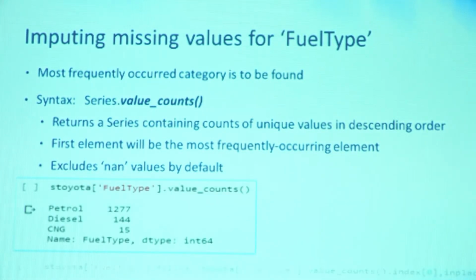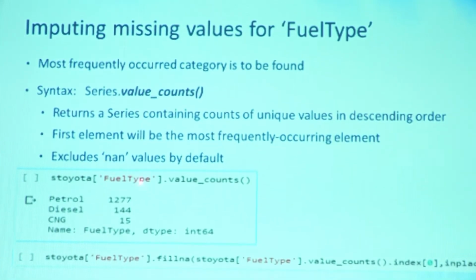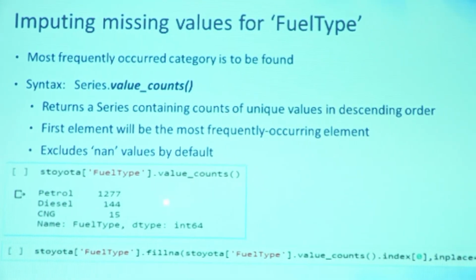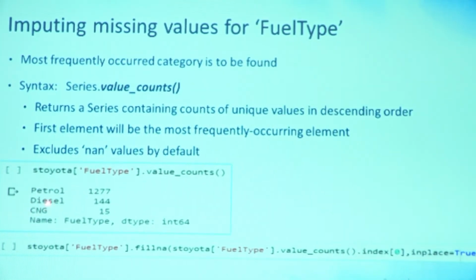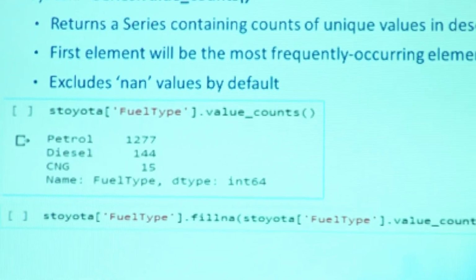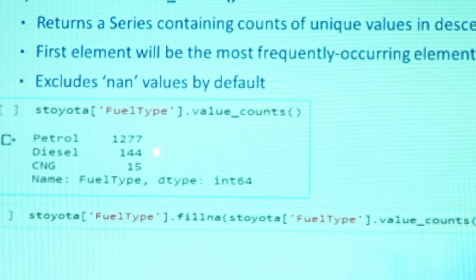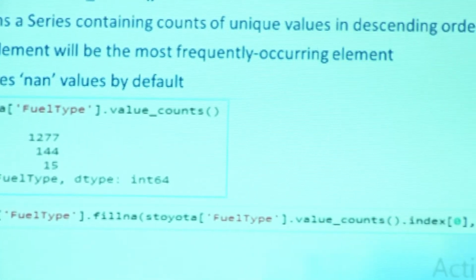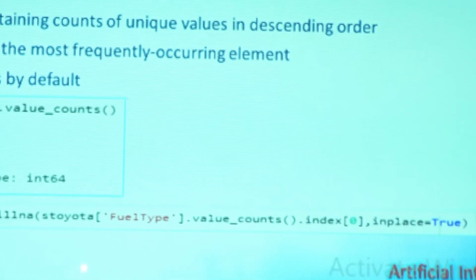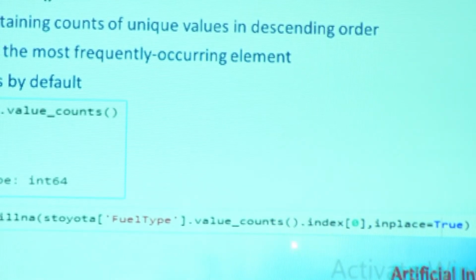So that's what I'm going to do here. I first took the fuel type column. I calculated value counts. So I got petrol with 1277, diesel with 144, CNG with 15. Right? So what I'm going to do now is impute my missing values in fuel type using the value counts method and index 0.